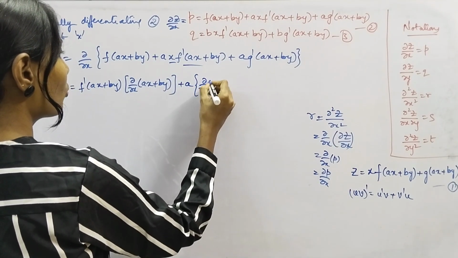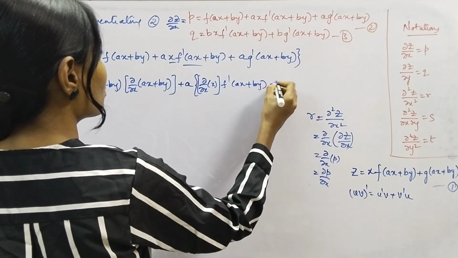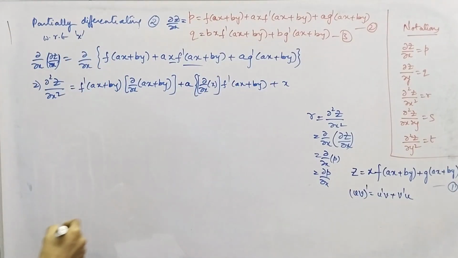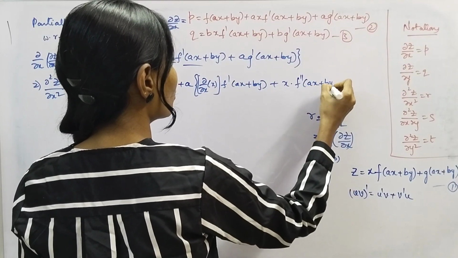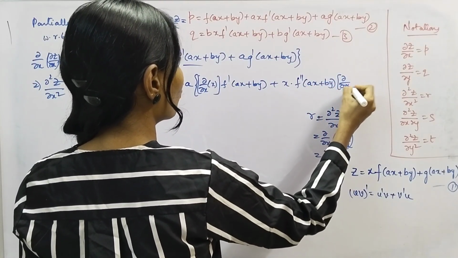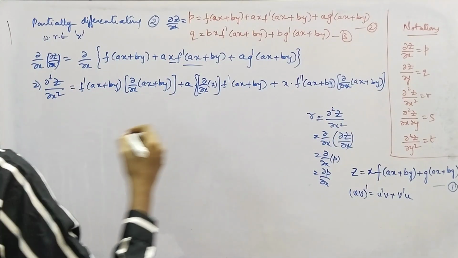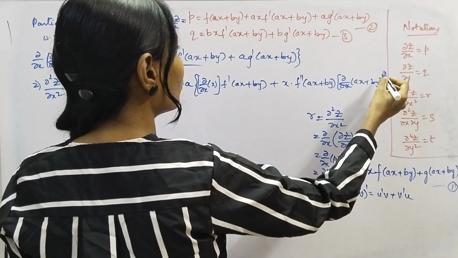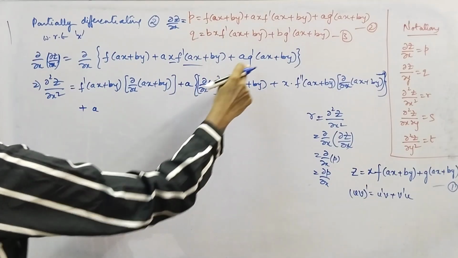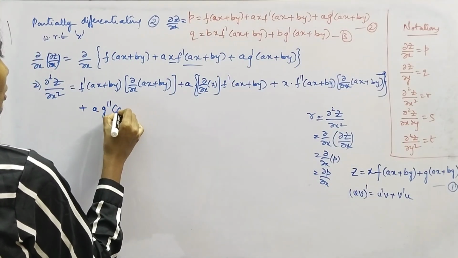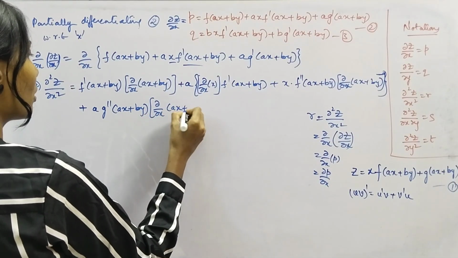You'll get dou by dou x of x into f dash of ax plus by plus x into the partial derivative of f dash of ax plus by, which is f double dash of ax plus by into its inner derivative dou by dou x of ax plus by. Plus a into the partial derivative of g dash of ax plus by, which is g double dash of ax plus by into its inner derivative, that is dou by dou x of ax plus by, right?